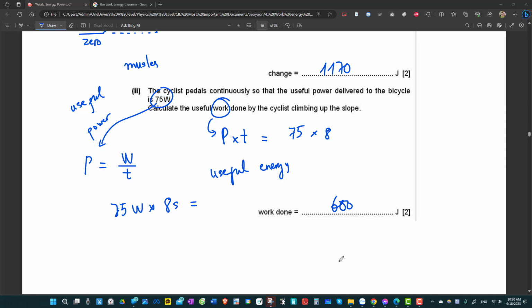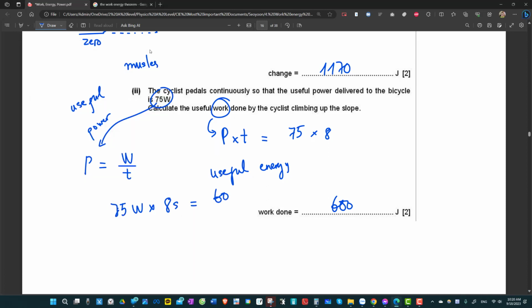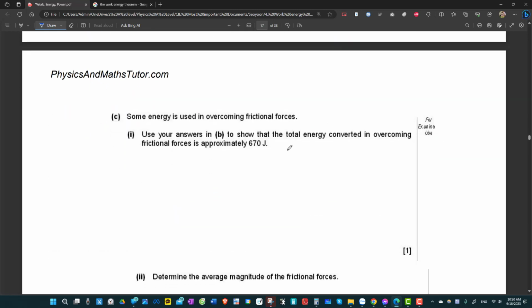That useful energy is 75 times 8, which is 600 joules. And that useful energy, 600 joules, will have three effects, three purposes.